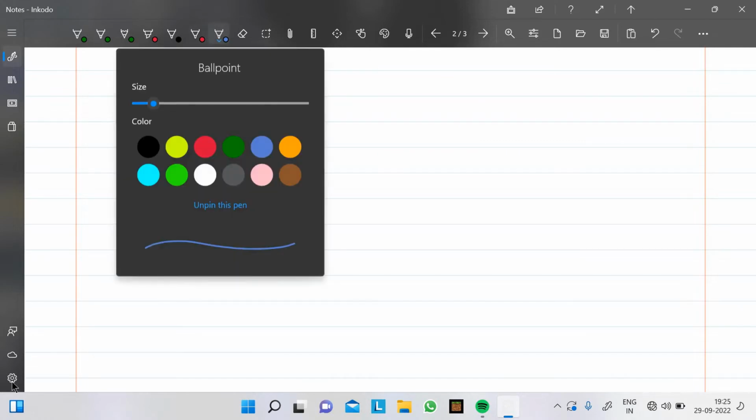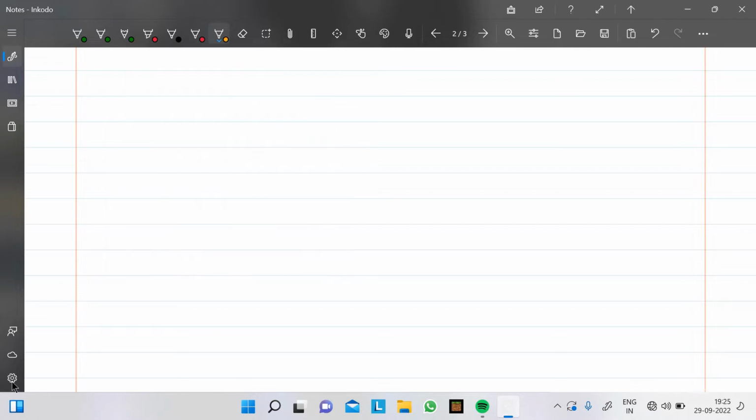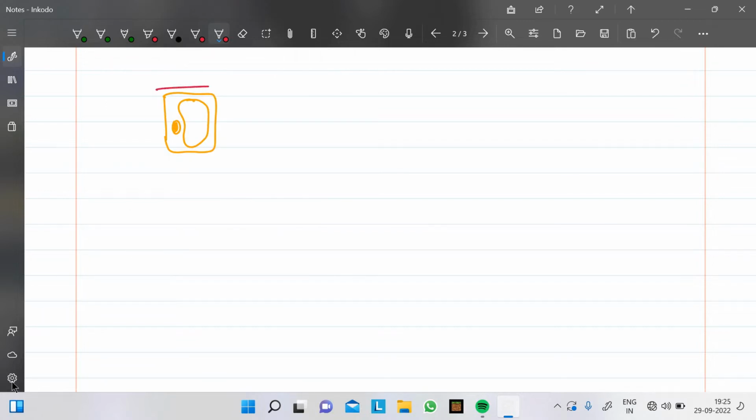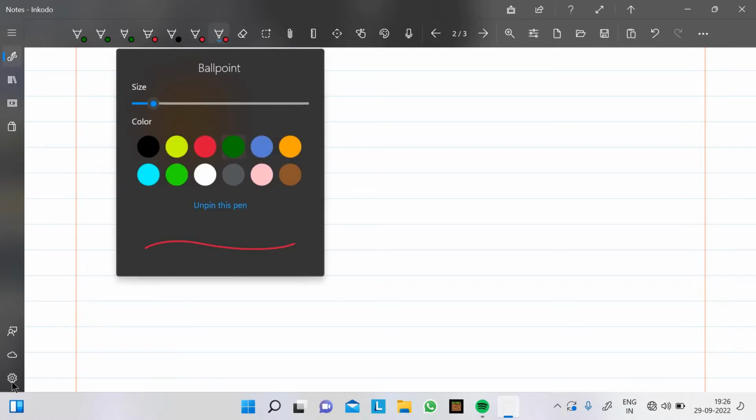Okay, suppose this is a cell, with a nucleus and a big central vacuole. As we know, the plant cell contains a central vacuole filled with water. Let me label it.